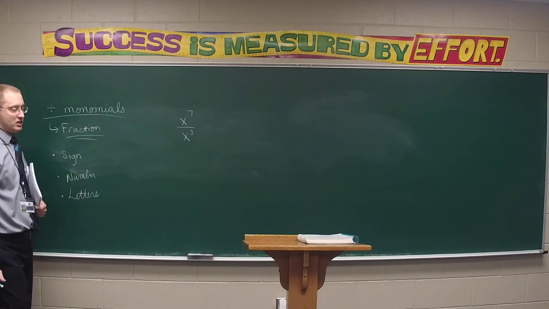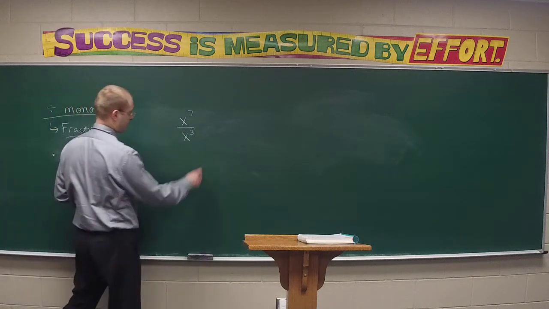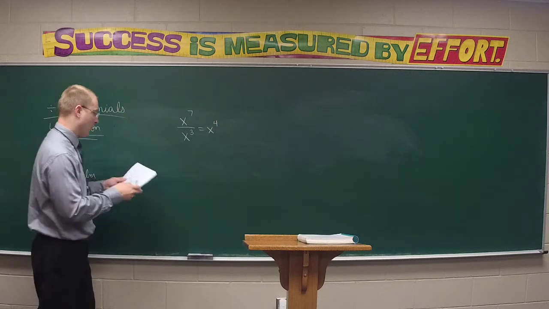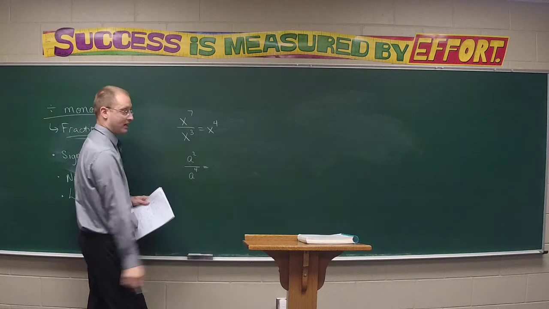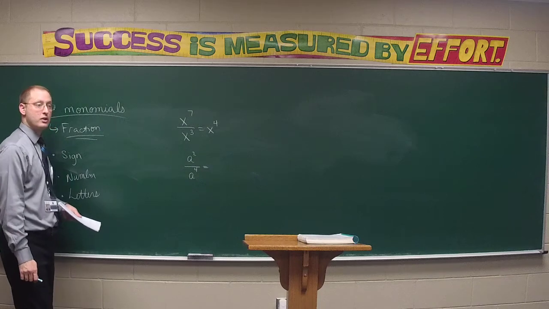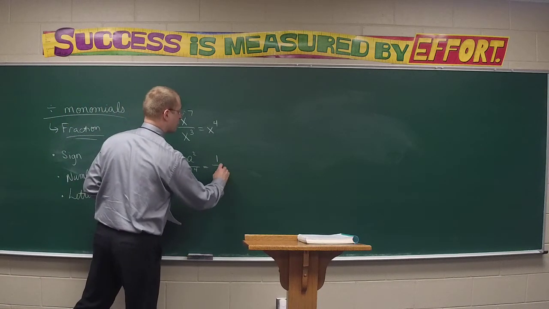If I have x to the 7th divided by x cubed, class, what do we get? X to the 4th. You subtract the exponents. What if I had a squared divided by a to the 4th? What do I get? I hate negative exponents, so what's the better way to write it? 1 over a squared. You still subtract the exponents.